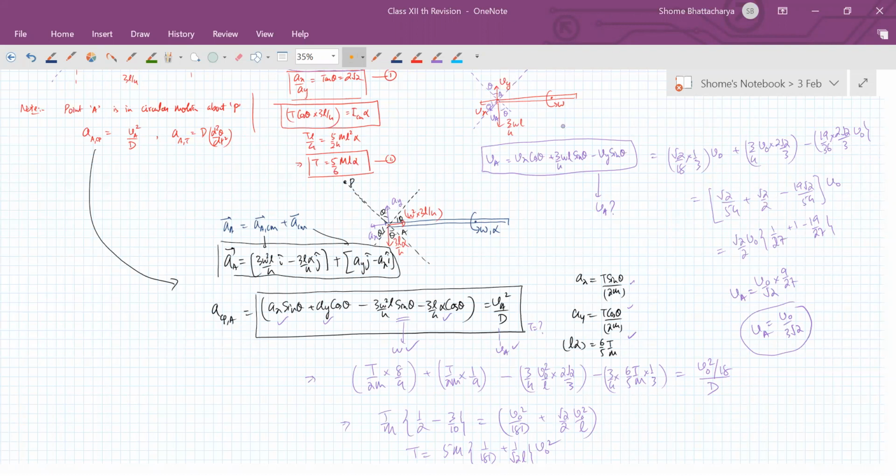Okay. So Samik, in all probability, there's some calculation here that we have to double check. But up to this step, it must be correct.